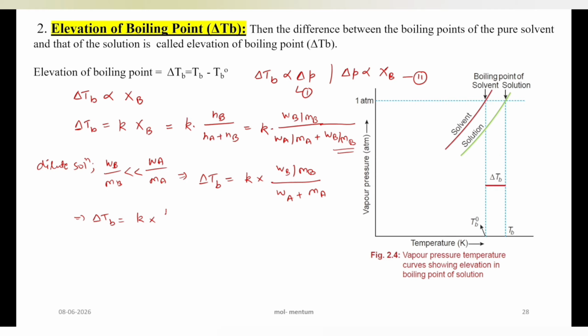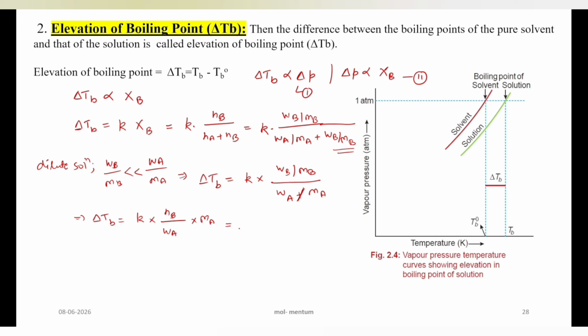Given mass by molar mass. So again I can write it as NB. And WA is weight of solvent. Sorry, this is not plus. It is WA divided by MA. So now this MA is in division, so it will come in multiplication.